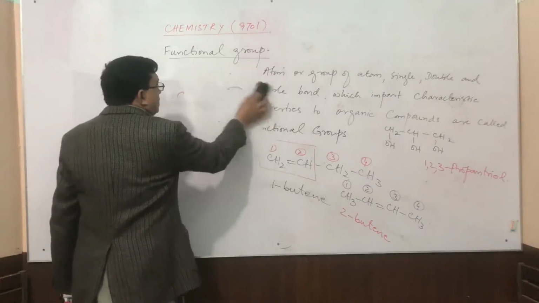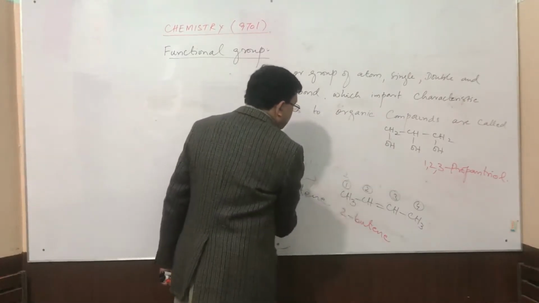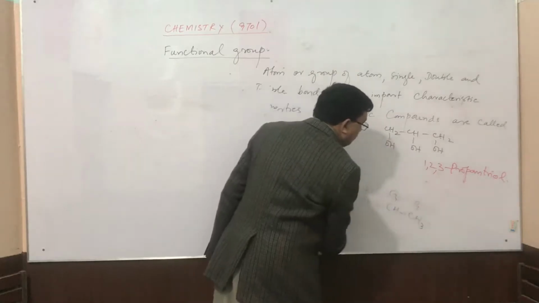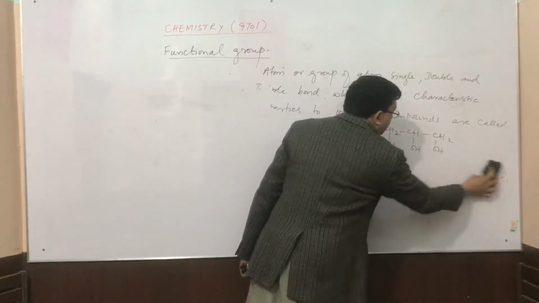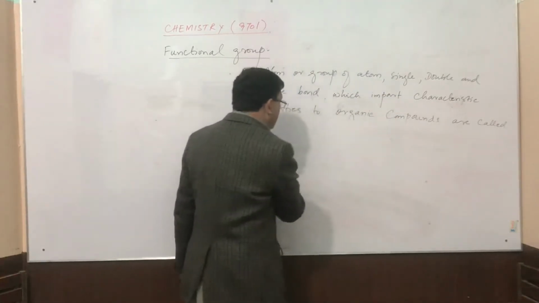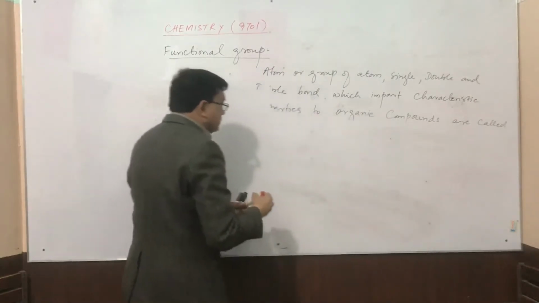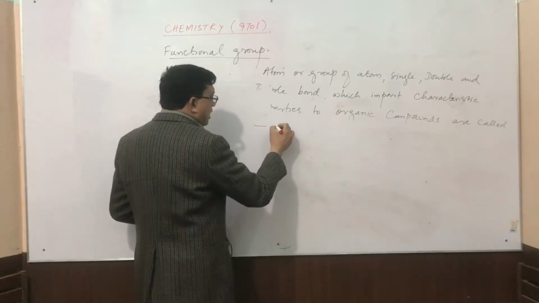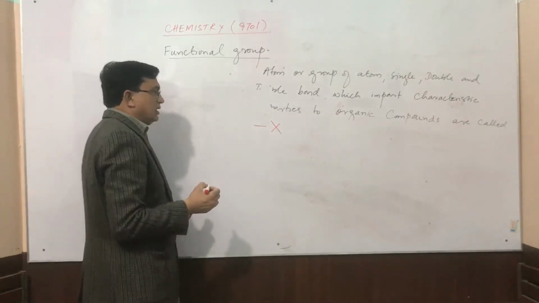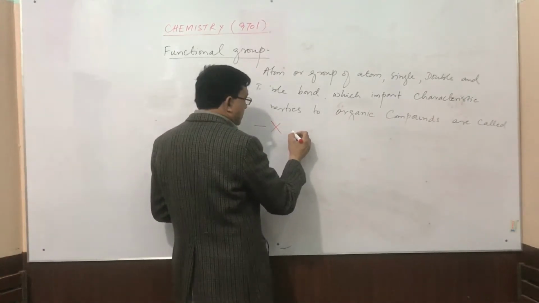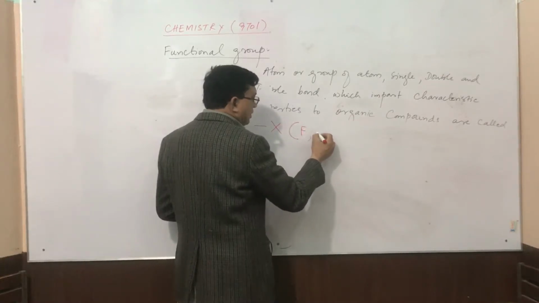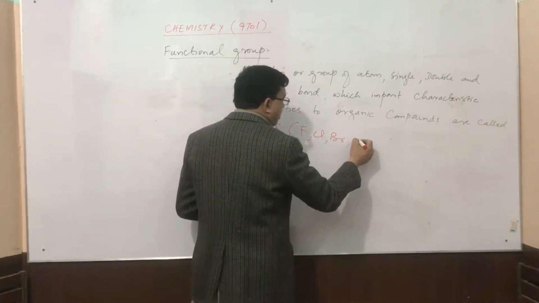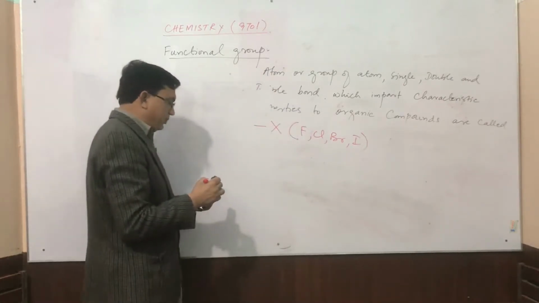The next functional group is halogens, which is represented as a capital X. Capital X mean either fluorine, chlorine, bromine or iodine, any one of them.